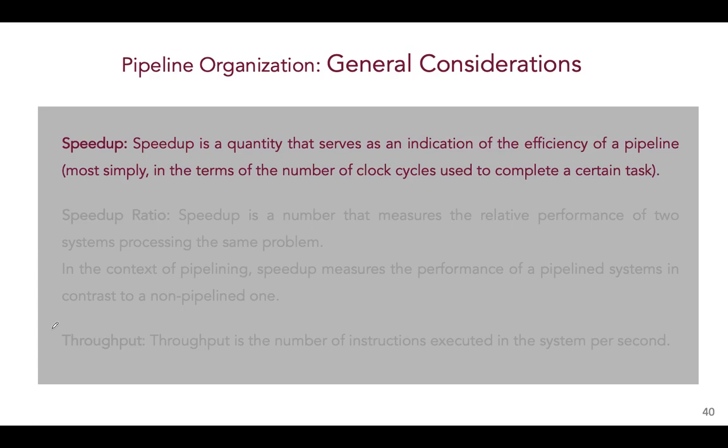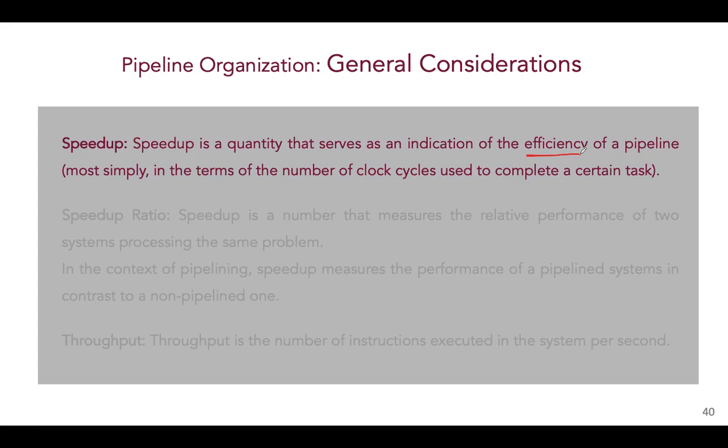First, speed up. Speed up is a quantity that serves as an indication of the efficiency of a pipeline. Simply, it measures the efficiency of a pipeline in terms of the number of clock cycles used to complete a certain task. Now, efficiency can be measured in many different ways, in many different circumstances.